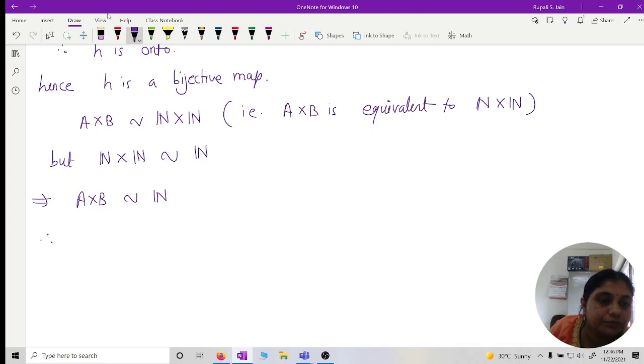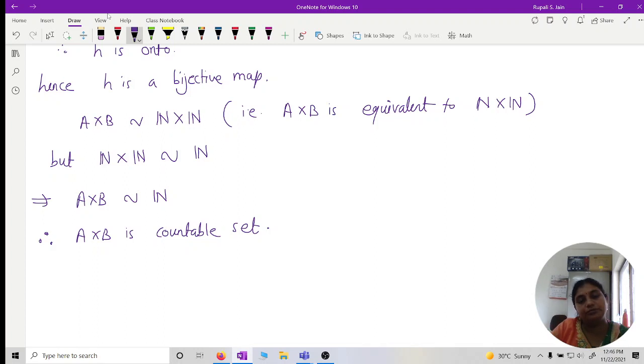Therefore, A cross B is a countable set. Is that okay? Yes, ma'am.